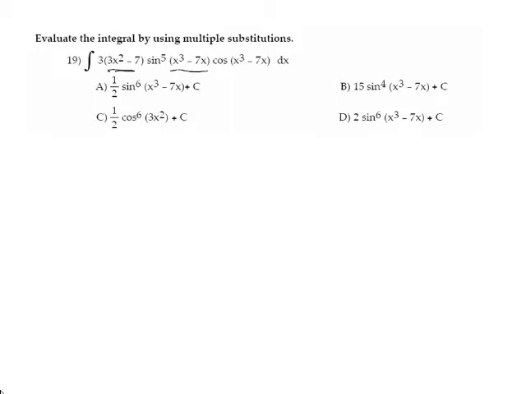We'll find out that we need to do another substitution to complete the job. If we let u equal x cubed minus 7x, we get du is equal to 3x squared minus 7 dx. That means that 3x squared minus 7 dx is equal to du.